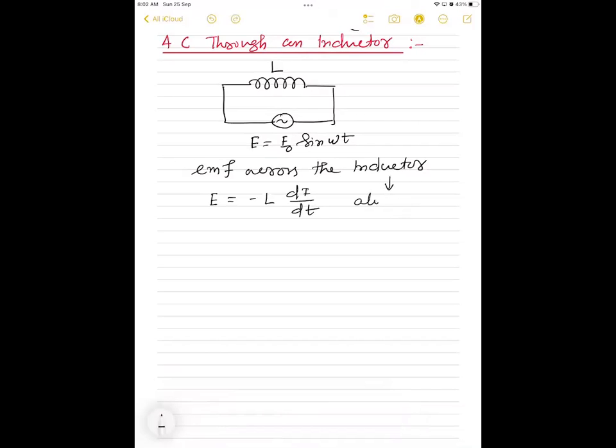The property of an inductor is such that it always opposes the growth or sudden rise in current.